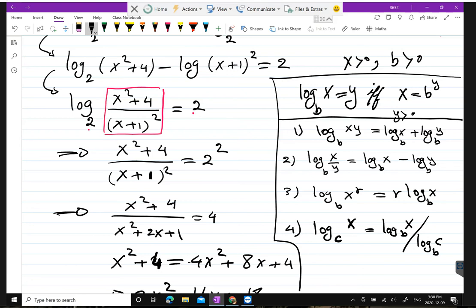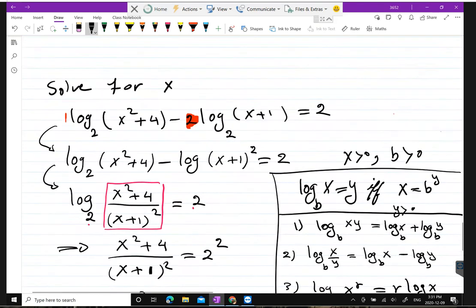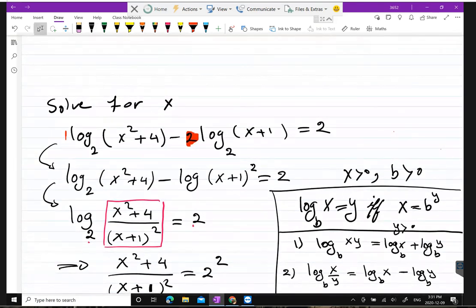Basically you can convert any base to any base. If you have a logarithm base c, you can convert it by this formula to any base that you wish. Okay, now with a combination of these four, you will see how we can solve these equations.